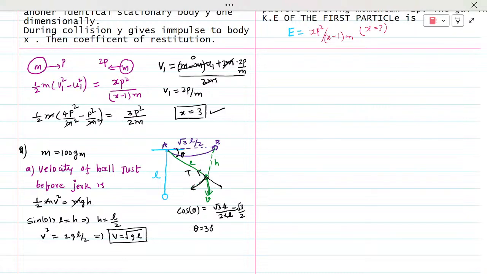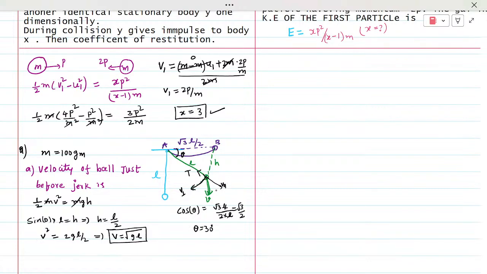If tension is not equal to this component, m v square by L plus m g cos theta, then it will oscillate. See, this is the component of velocity perpendicular to the tension, and the other is velocity parallel.